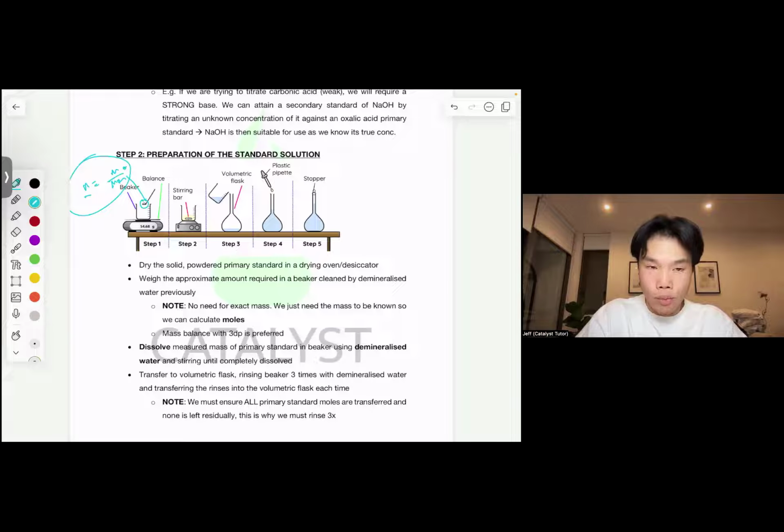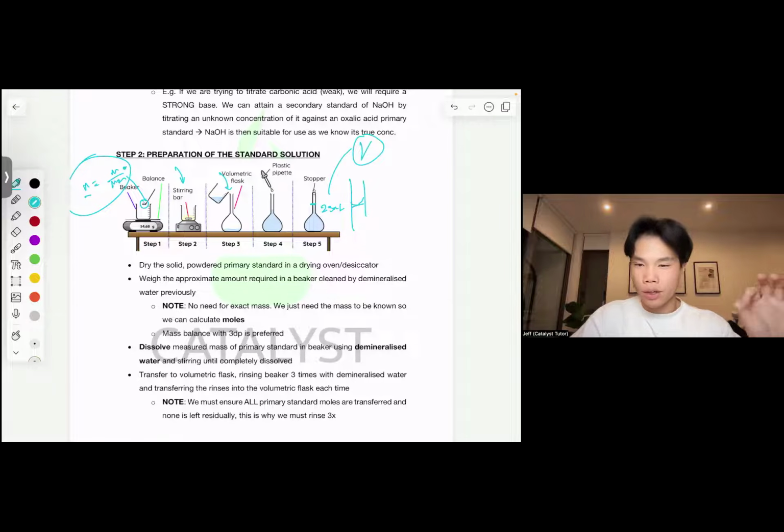When you dissolve your primary standard, you'll make a solution, pour it into a volumetric flask, and fill it to the gradation line with the bottom of the meniscus at the line. This gives you a precise volume, usually 25 mL. So now that you have moles and volume, you can find concentration exactly.